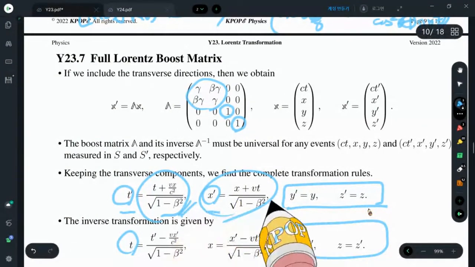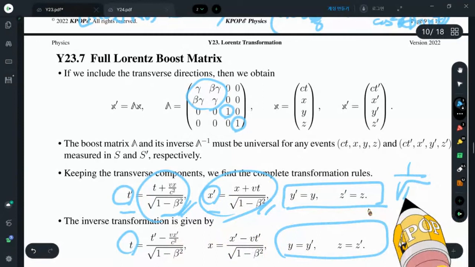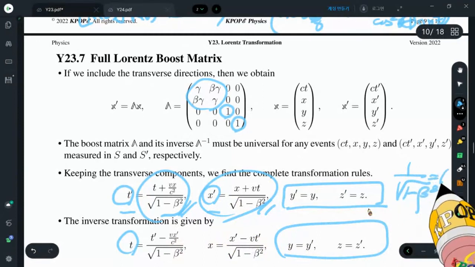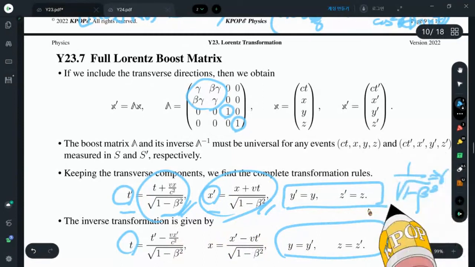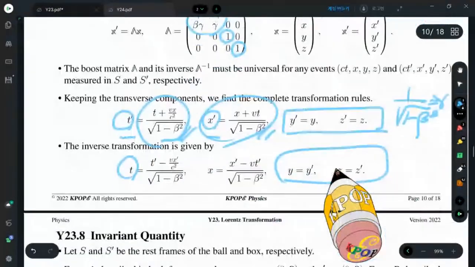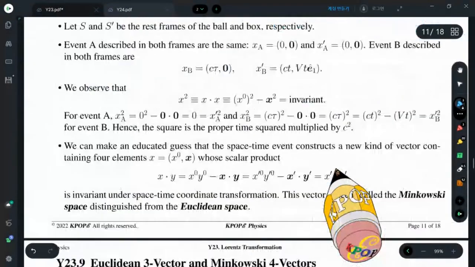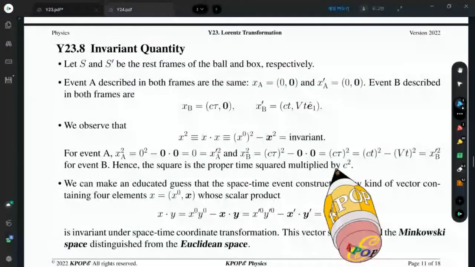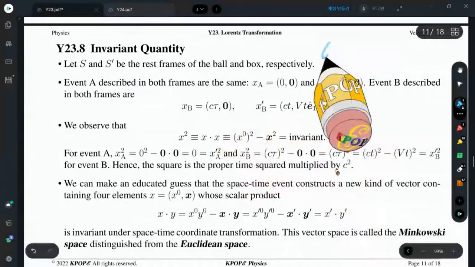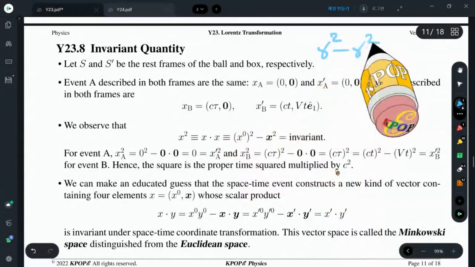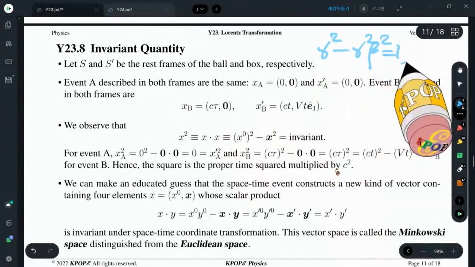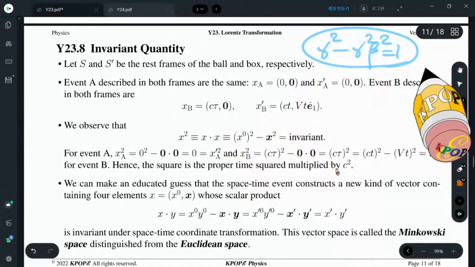And there is an overall factor that is called the Lorentz factor. This one makes this relation very complicated. However, what we find is that gamma squared minus gamma squared beta squared is 1. This one makes a great simplification.